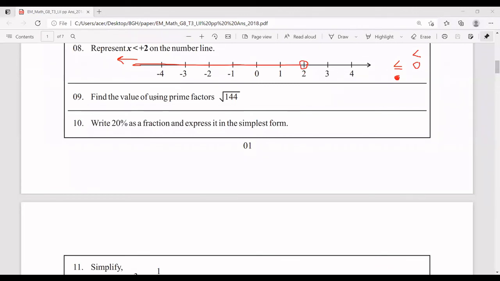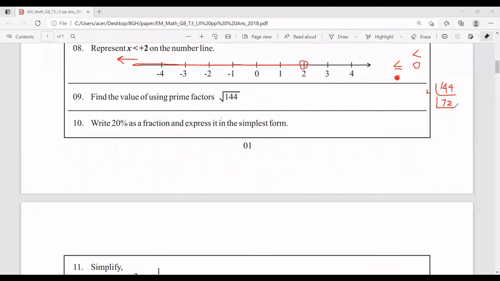Then you have to divide this by prime factors. Root 144. Let's divide by prime numbers. 144 divided by 2. Always divide by the smallest prime number first. 2 into 7, 14. 2 into 2, 4.